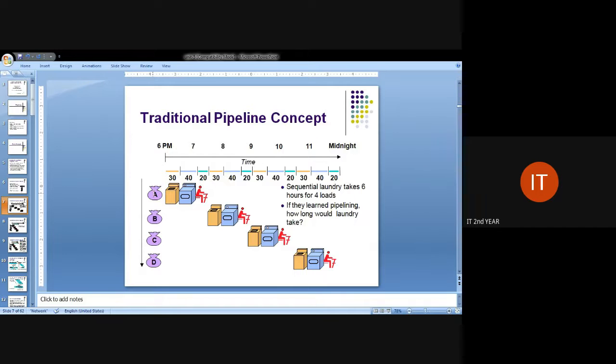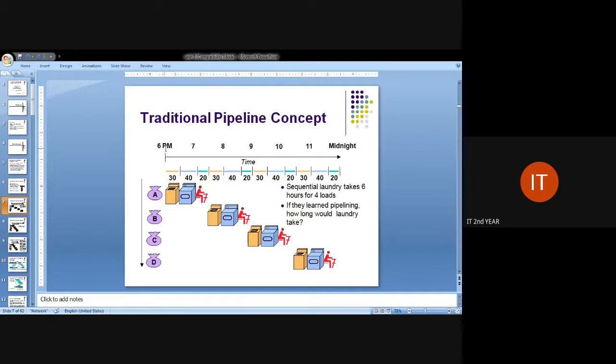For example, there are four instructions, A, B, C and D. These four instructions are to be completed sequentially. First, A is going to initiate.